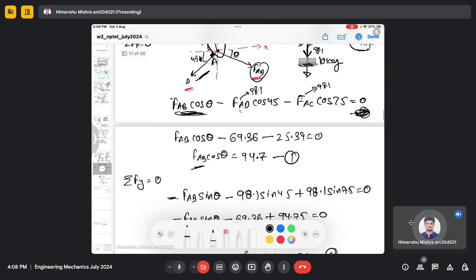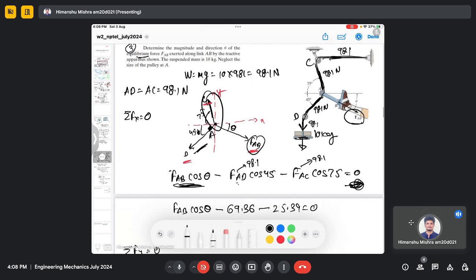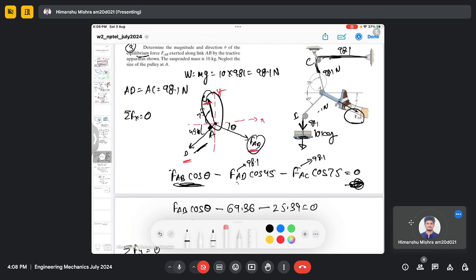So again, by using the equilibrium principle, we were able to calculate the unknown angle theta and force. The only little catch in this question was that the weight here is acting and it is actually exerting the same force along the whole cable.